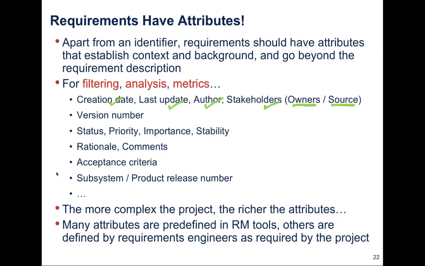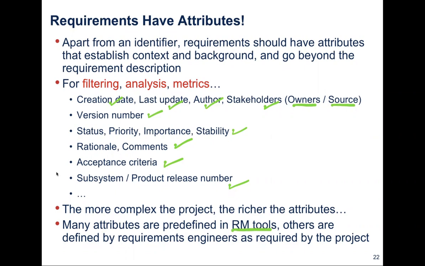We also have attributes related to the version number, status, priority, importance, and stability of each requirement, rationale, comments on each requirement, acceptance criteria, or maybe acceptance level for each requirement, subsystem, and product release number. The more complex the project is, the richer the number of attributes. Many attributes are predefined in most of the requirement management tools.